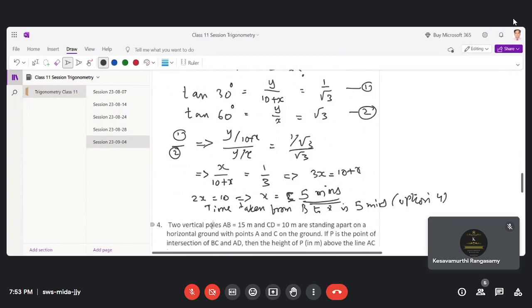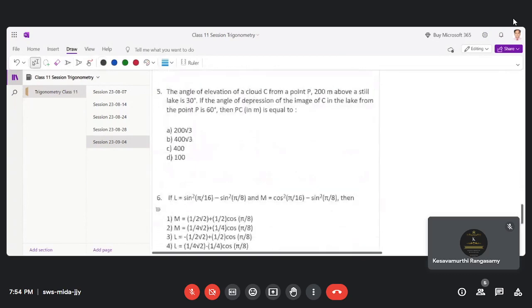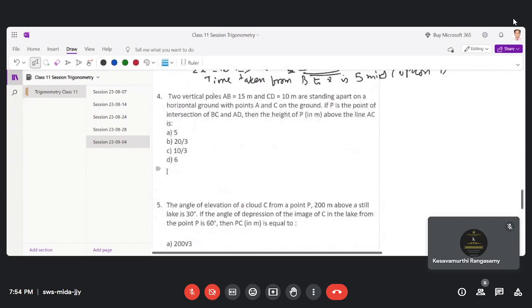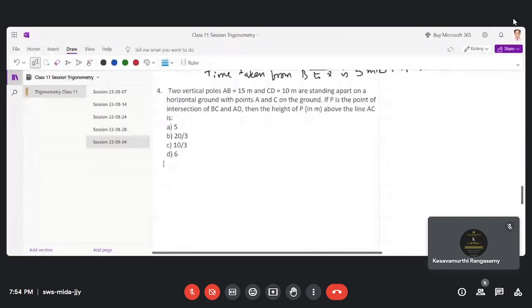Okay. I think next problem is also something that you can try. Okay. So let me draw it here. Two vertical poles AB and CD. AB is taller and CD is shorter.